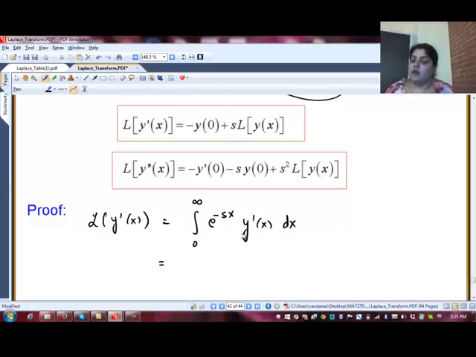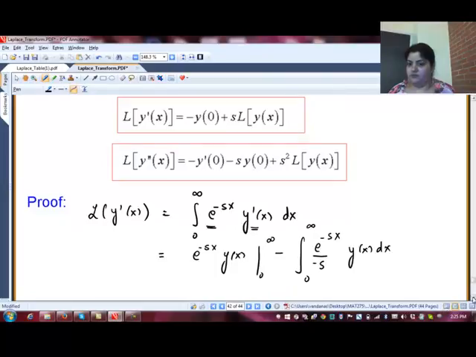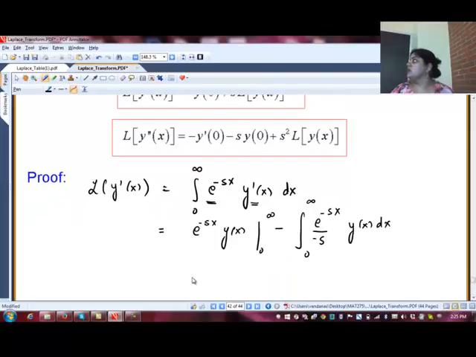So you would take maybe this as the first, and this one is the second function. Okay. So first function, integral of second, minus integral of differential of first times integral of second. This is what you will get. Now this is not really an appropriate way of writing 0 to infinity.